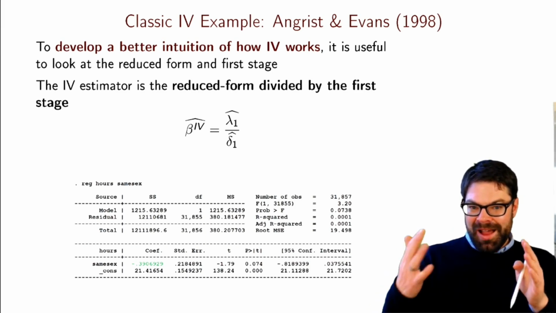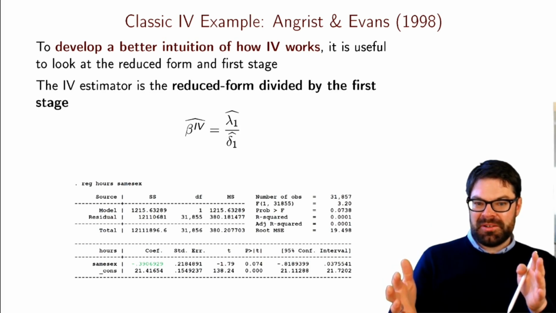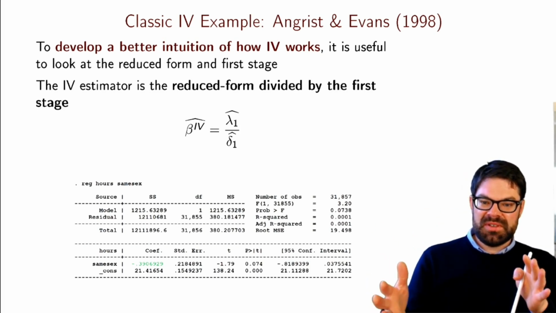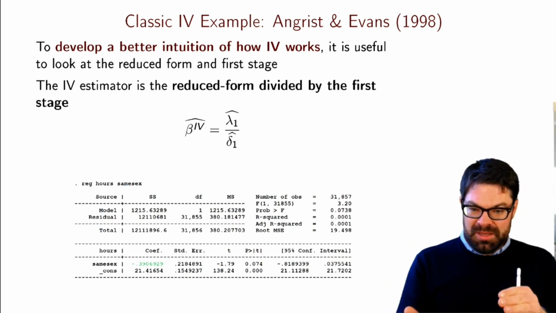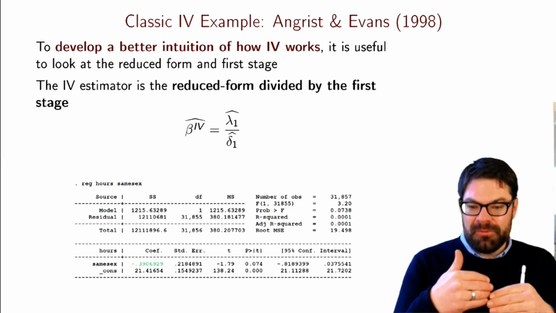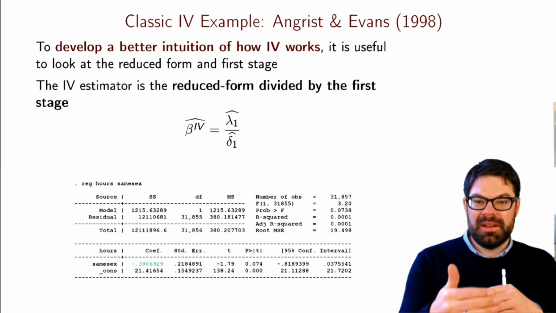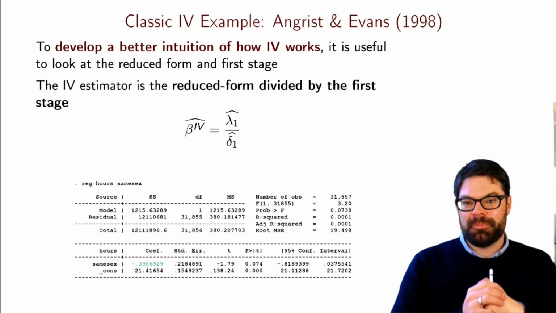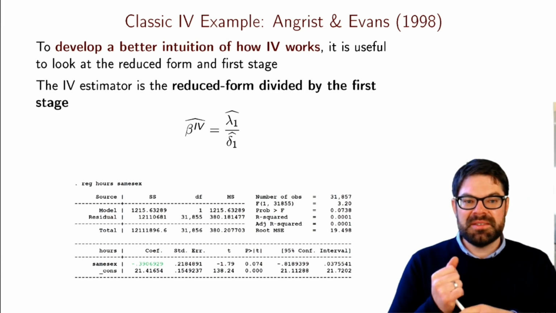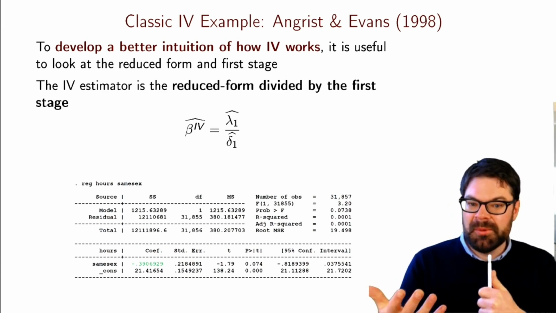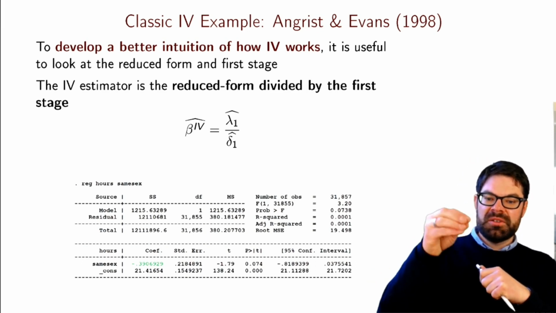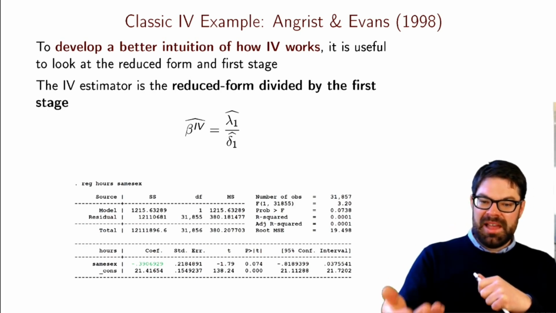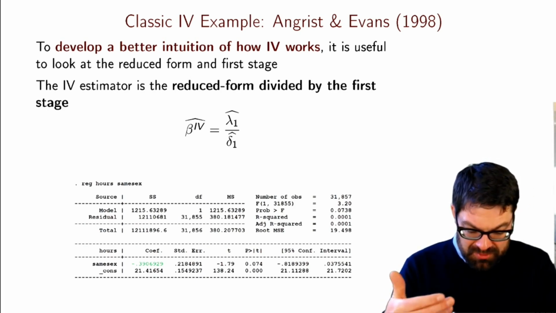What we are asking with the IV estimator, by scaling it up with the first stage, is: what would be the difference if every couple that has two children of the same sex had a third child? That's what the IV estimate tells us here, which is equivalent to the response of the average couple having a third child.